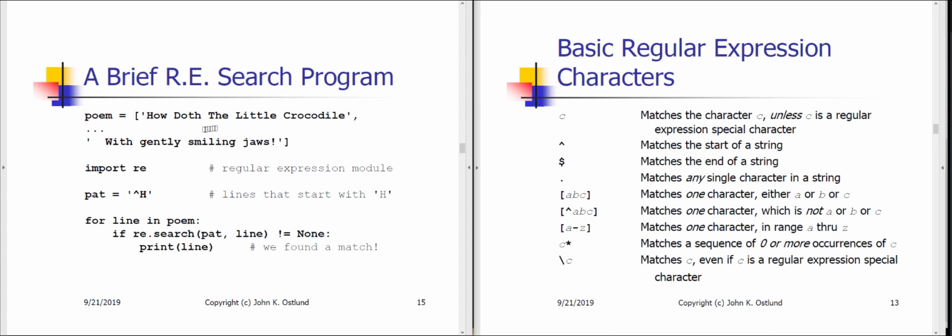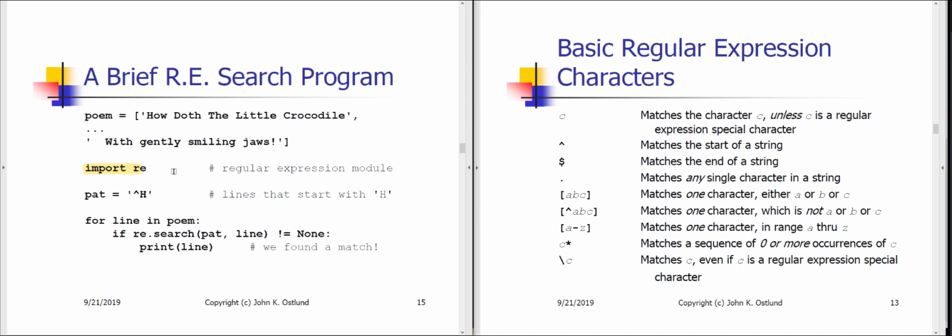So, in a Python program called poem_regex, I've taken the lines of this silly poem and stored them into a list of lines named poem. In order to be able to use regular expressions on the lines in the poem, I have to import the RE module.